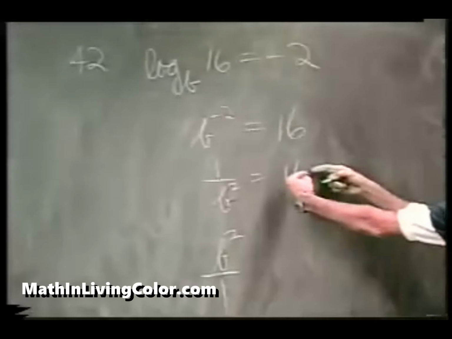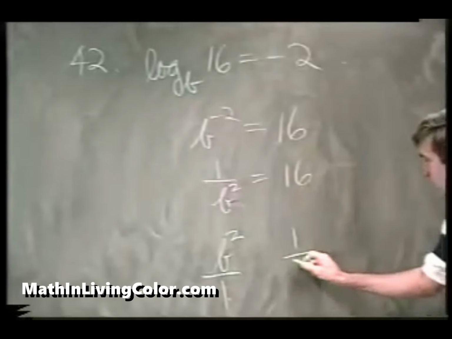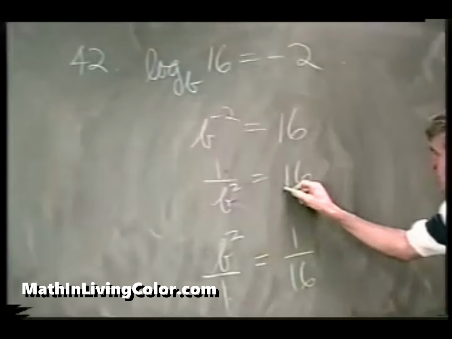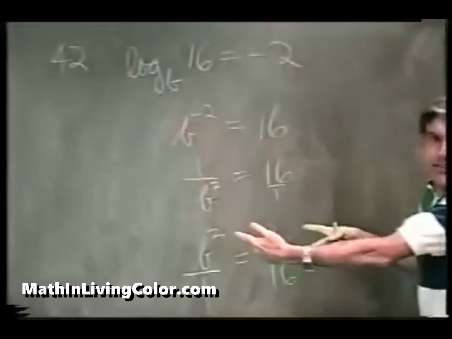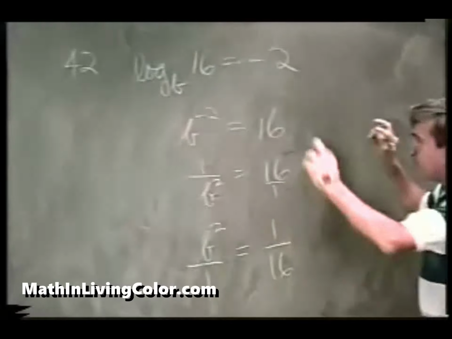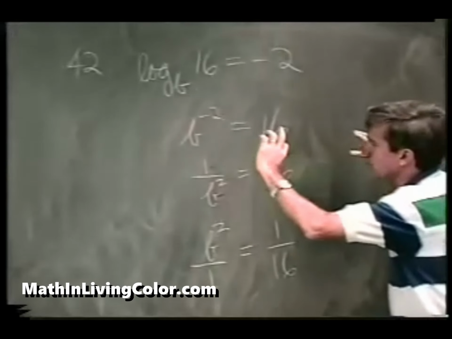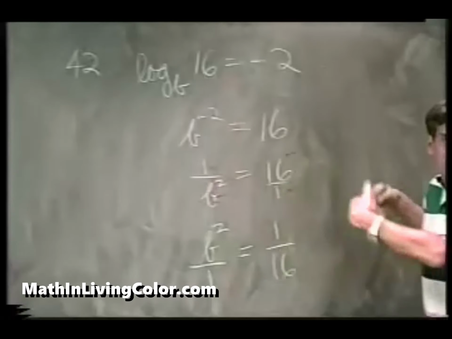And what if you take the reciprocal of this side? You get 16 over 1. Just take the reciprocal of both sides. It's a handy tool that we can use. If two fractions are equal, then their reciprocals are also equal.